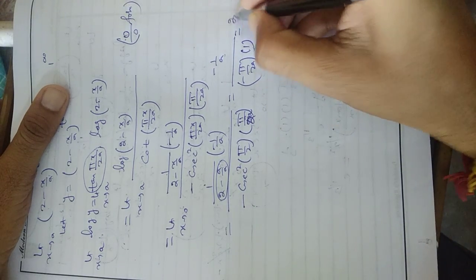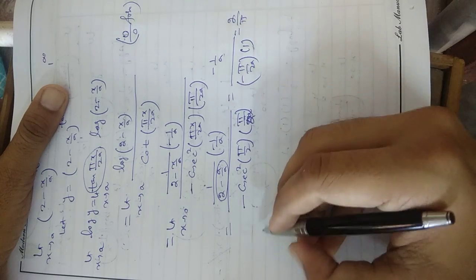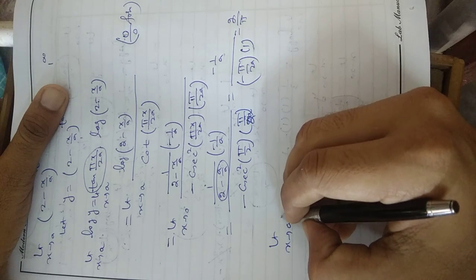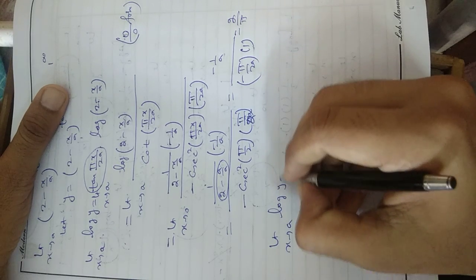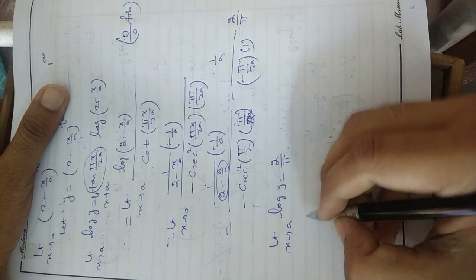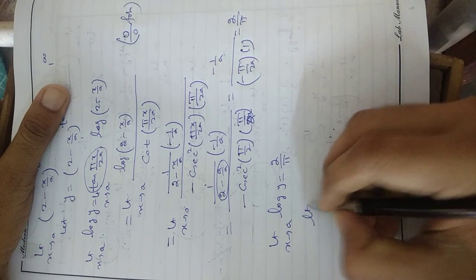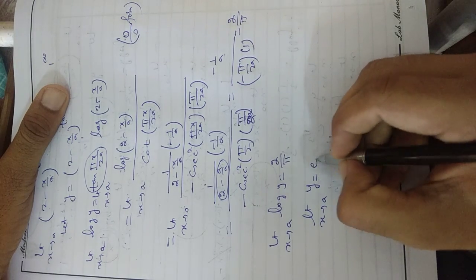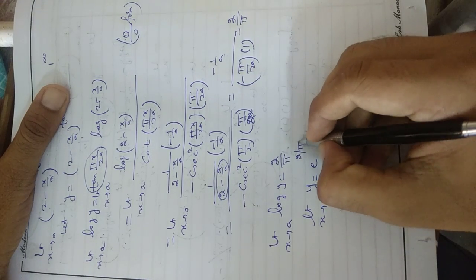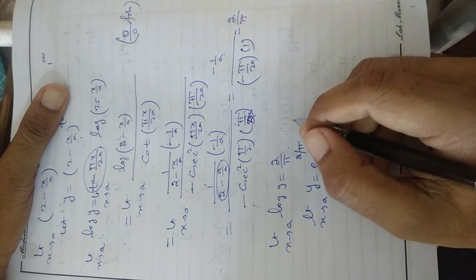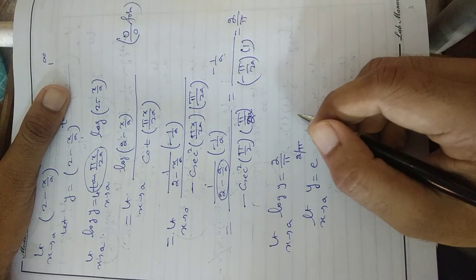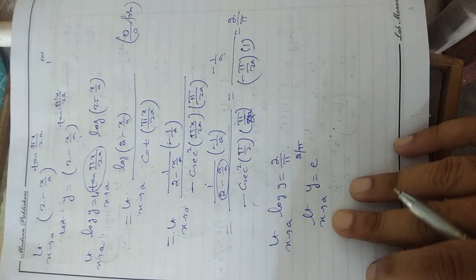So the total answer will be equal to 2 over pi. So this was the limit x approaches a of log y is equal to 2 over pi. So therefore limit x approaches a of y is equal to e to the power 2 over pi. So hence we get the solution.